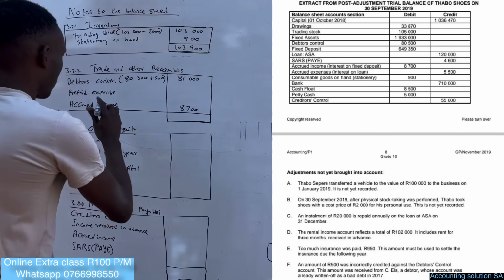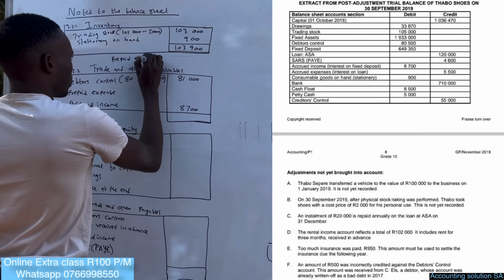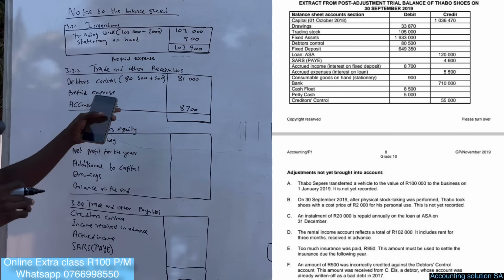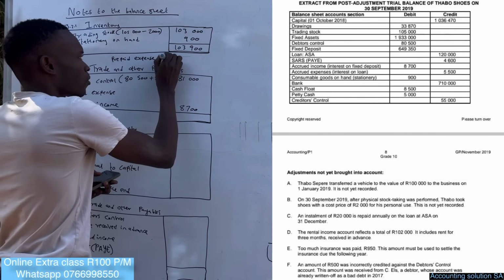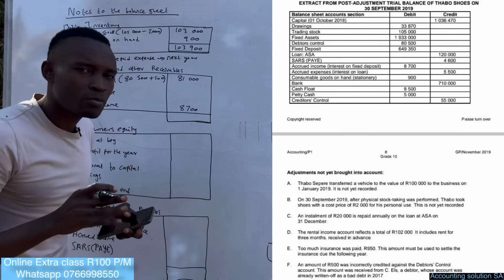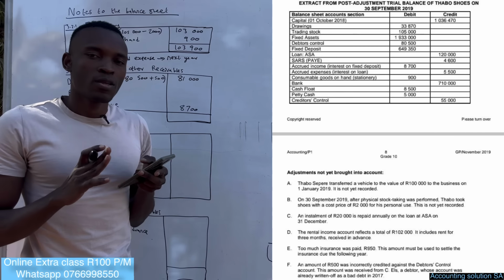Prepaid expense, so that you will know what you do under balance sheet and income statement. Okay, guys, this expense has been paid for next year. Under income statement, you subtract this amount, but under a balance sheet, you add it.